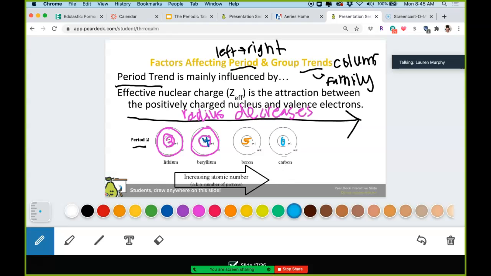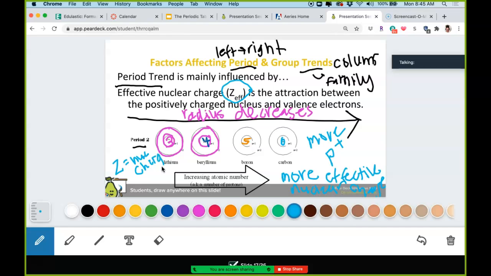So what happens is the more and more protons you get in the nucleus, the more what's called effective nuclear charge. That's also called Zeff. This Z stands for nuclear charge, and then that eff means effective nuclear charge.